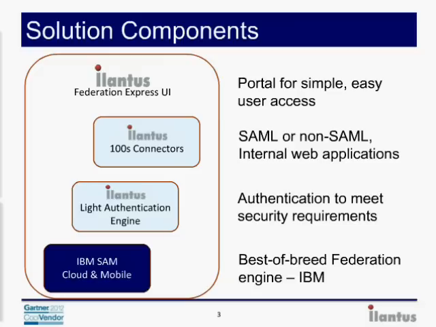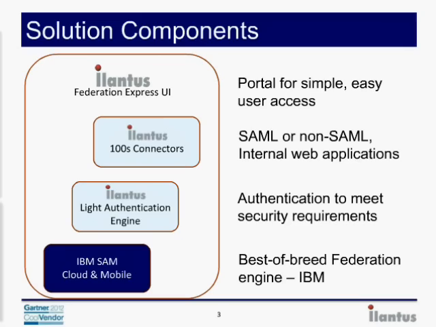ISAM for cloud and mobile provides the engine for a strong Federation base. ILANTUS has coupled that with an authentication engine and access to hundreds of application connectors, not just a few popular SaaS applications floating out there in the cloud, but any application, whether it is SAML compliant or not, as well as the ability to integrate your internal web application portals.